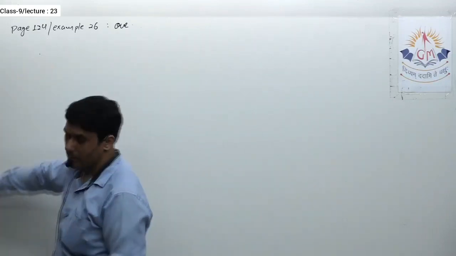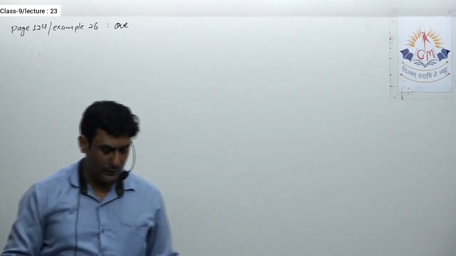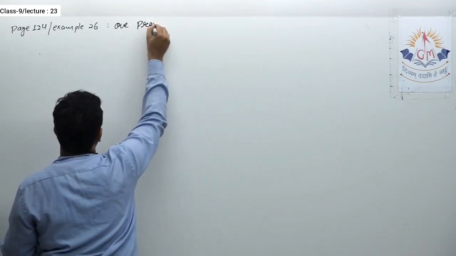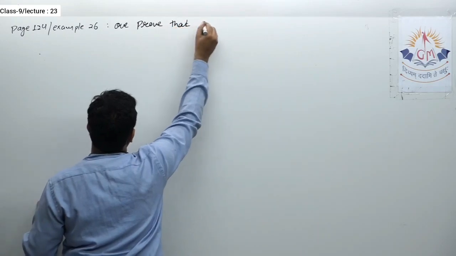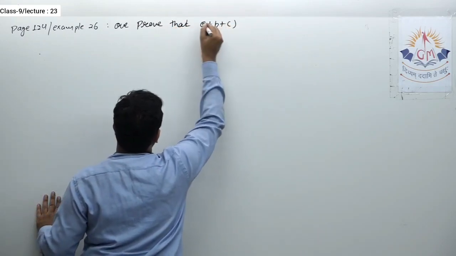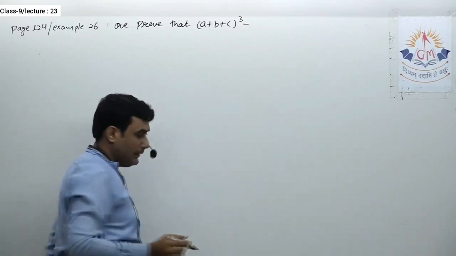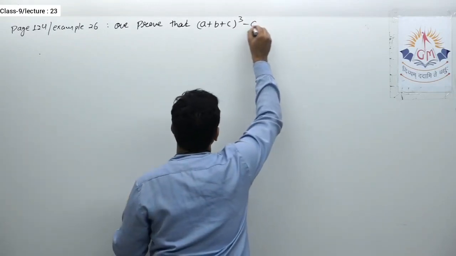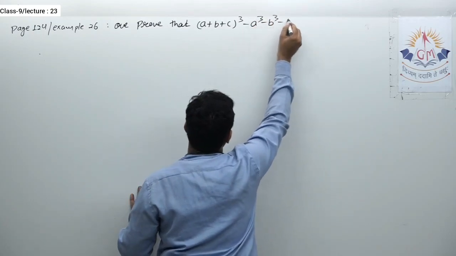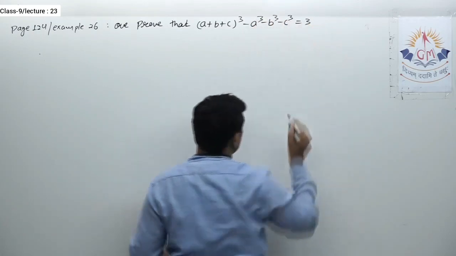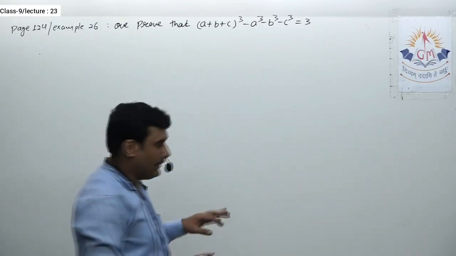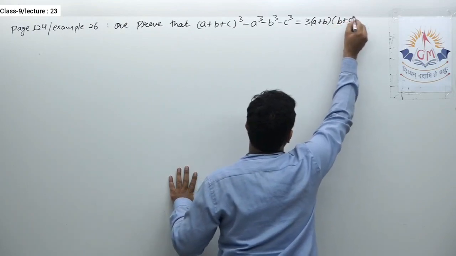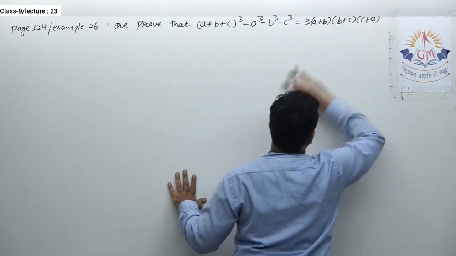Now this question is, prove that (a + b + c) whole cube minus a cube minus b cube minus c cube is equal to 3 multiplied by (a + b), (b + c) and (c + a).